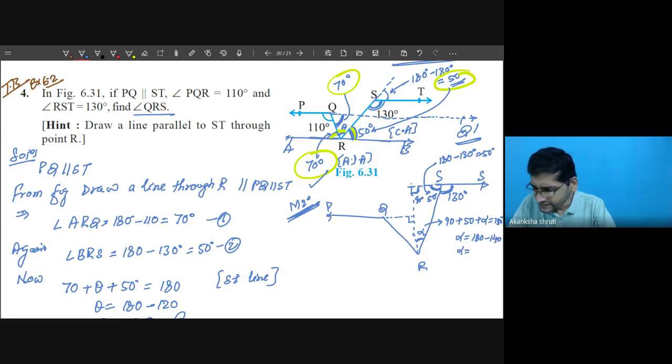So alpha is equal to 40 degrees. This we have calculated. Student, this way just a part of this angle we have calculated.